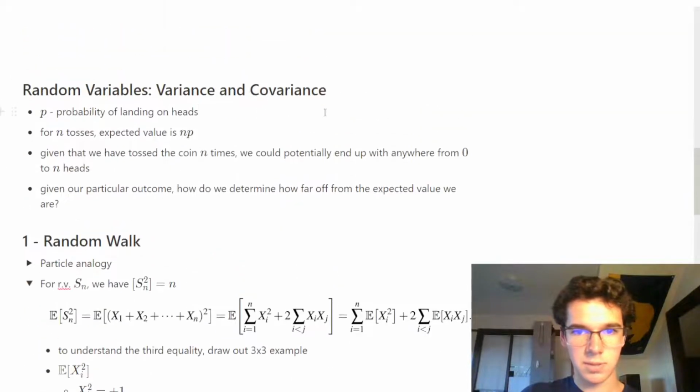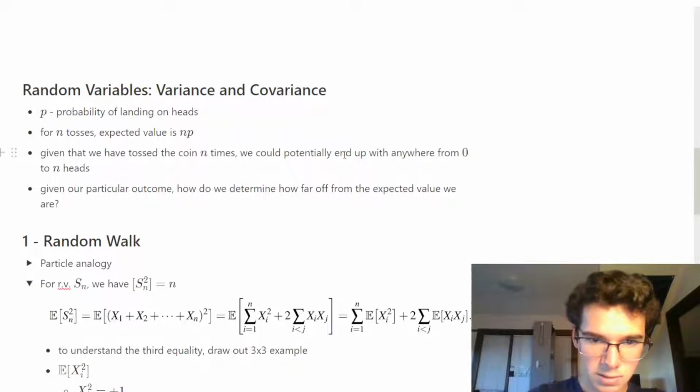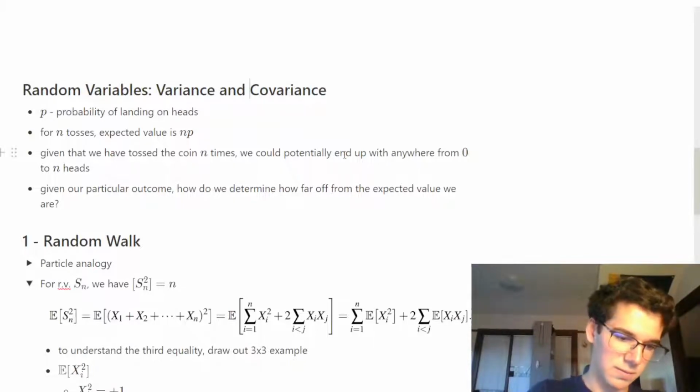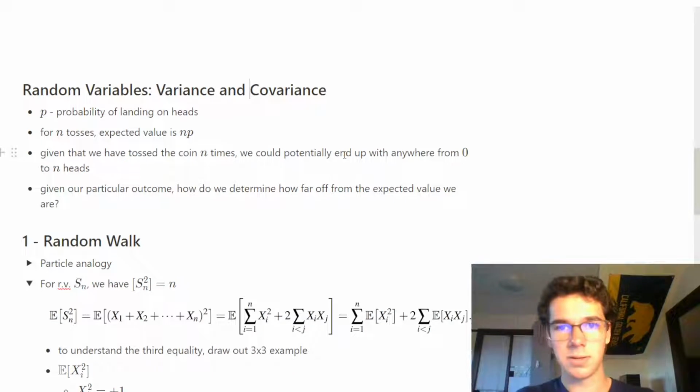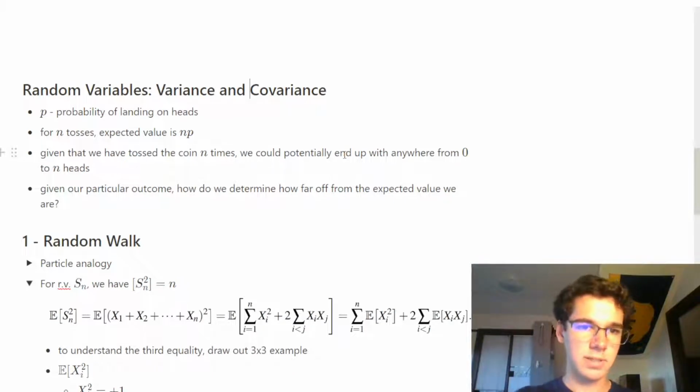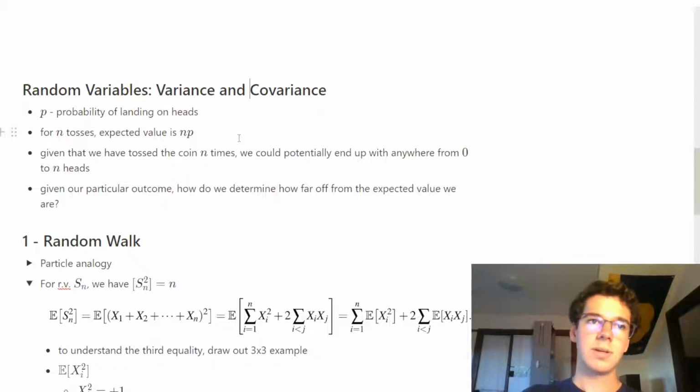Now we're going to move on to talking about variance and covariance. Really, this is just the motivation behind why we need to know these two things. So let's say P is equal to the probability of landing on heads. We have n tosses. That means the expected value is n times P. For example, if we have a fair coin, n is equal to 4.